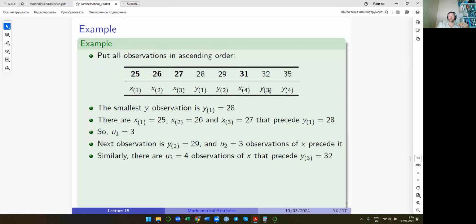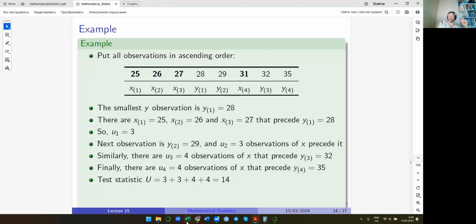And the same for the fourth observation of Y. So U3 and U4 are 4 and 4. And now the U statistic is computed as the sum of these elements: 3, 3, 4, and 4. So this is my U statistic.